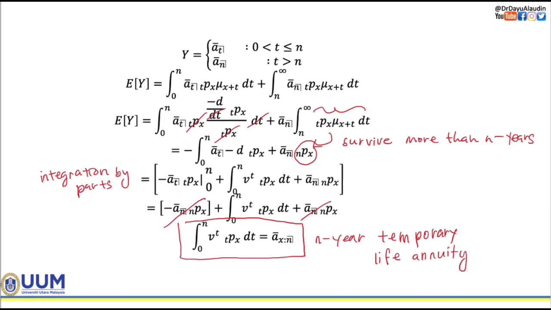The difference between the whole life annuity and the N-year temporary life annuity is just the upper bound. For whole life it is 0 to infinity, and for the N-year temporary life annuity it is from 0 to N. The component inside is still the same, v^t tpx.